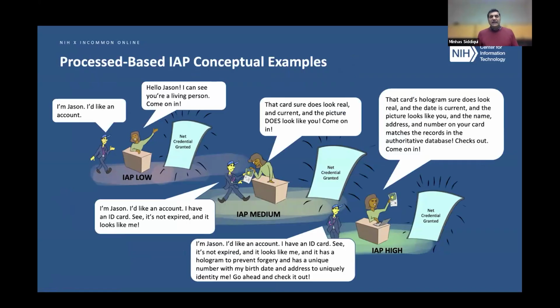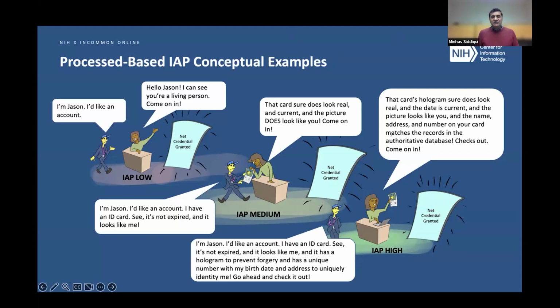Similarly, we have the IAP levels of identity assurance. This slide illustrates, and again, I'd like to preface that this was kindly developed by, I think, Kyle from the InCommon Institute, or Internet2, who provided this great schematic. Appreciate that.